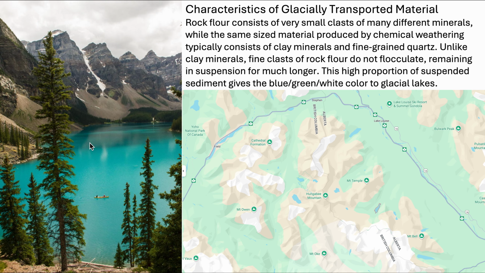So in the case of rock flour seen here in Moraine Lake in the Canadian Rockies, this blue color is generated by very fine particles of rock. Not clay minerals, but clay-sized particles of the minerals that made up the original rocks. Because these are not clay minerals, but rather clay-size fragments, they're not going to flocculate. So they stay in suspension.